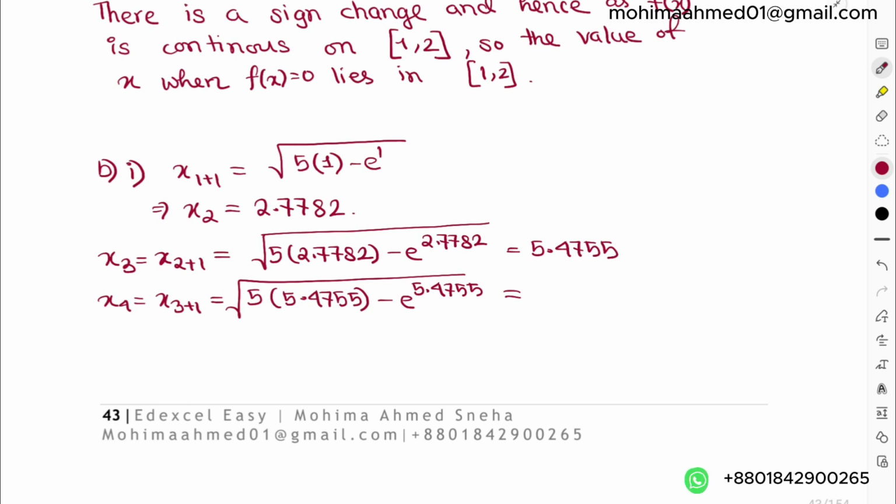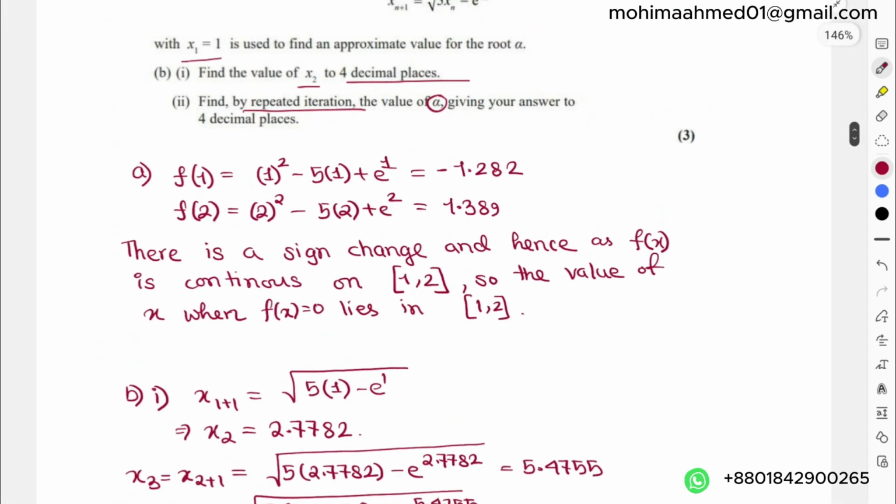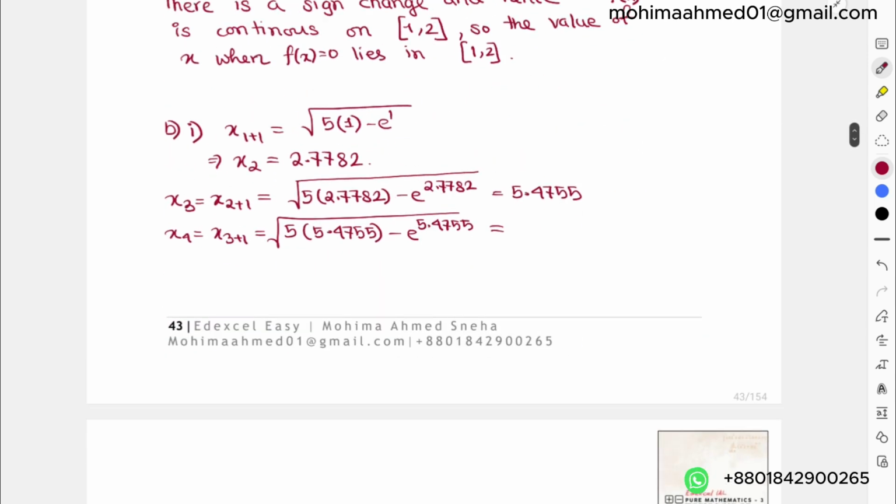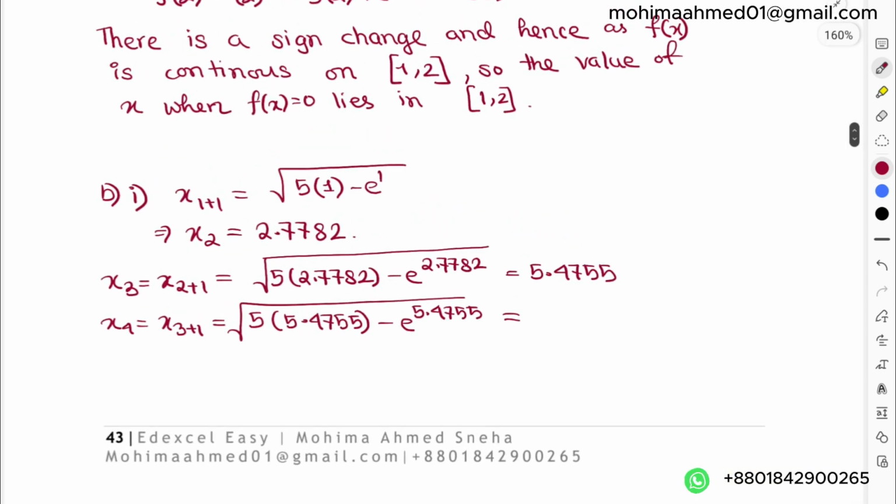Okay, I'm getting some different values actually. These are very big values for an iteration, like 5 and 16. They are not going to give me a repeated value. I'm actually maybe making some mistake.